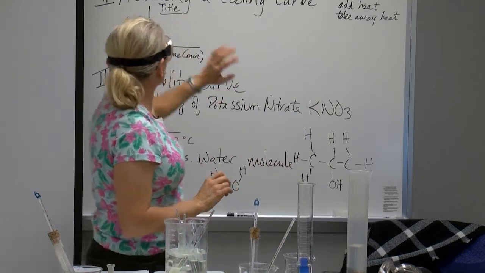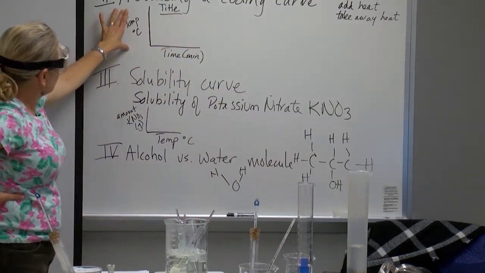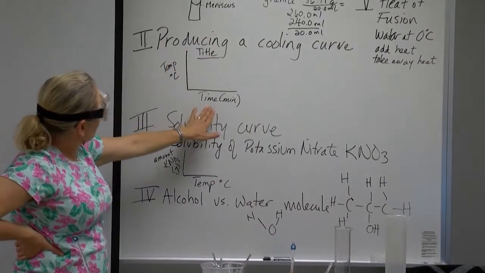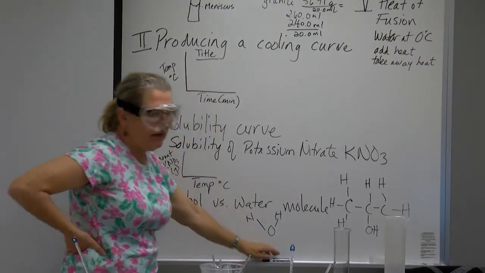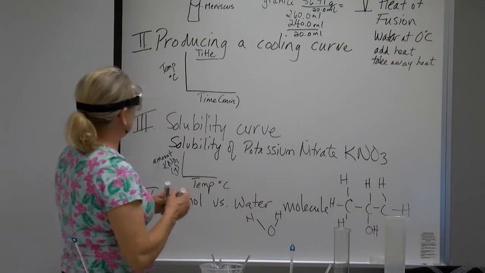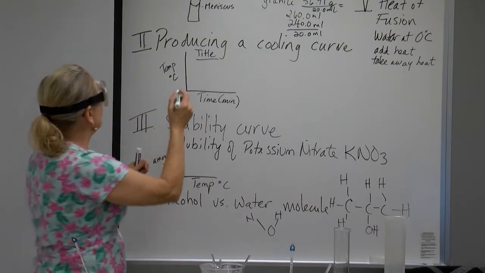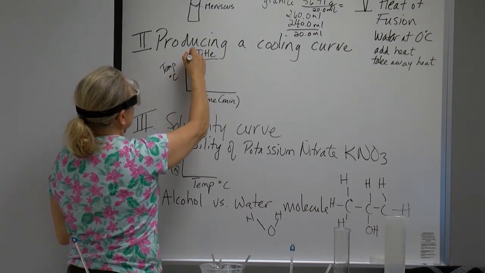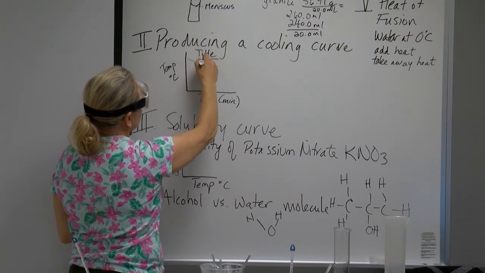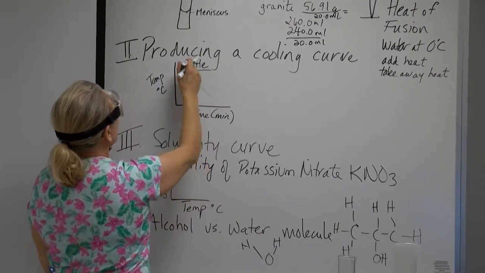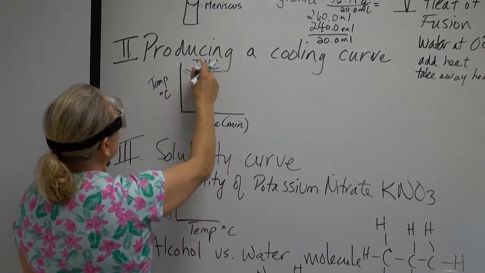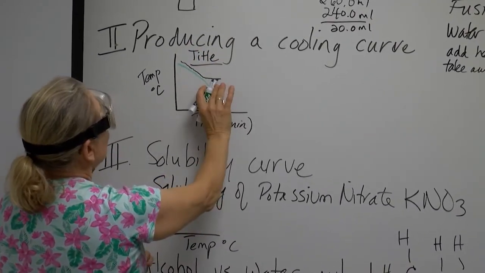So I'm going to provide you with the data, and you're going to do a graph of the cooling curve of stearic acid versus water. They both started pretty high, and water just continues to go down. But the stearic acid, on the other hand, when it reached a certain temperature, started to level off.